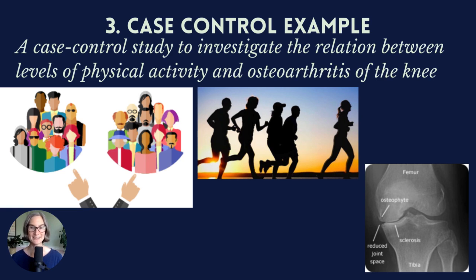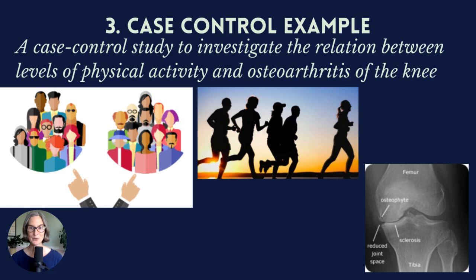So they did an extensive survey and they found people from a national survey who had knee osteoarthritis. They then matched them to a control group, i.e., they were similar in other ways, but they just didn't have osteoarthritis in their knee. And then they asked both groups about their physical activity across their lives.